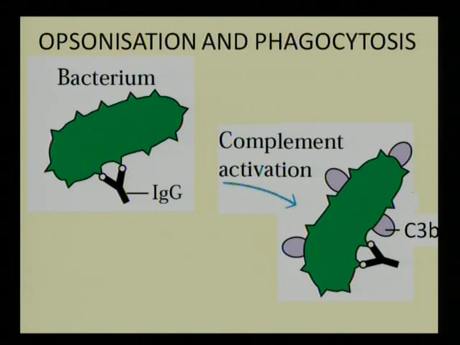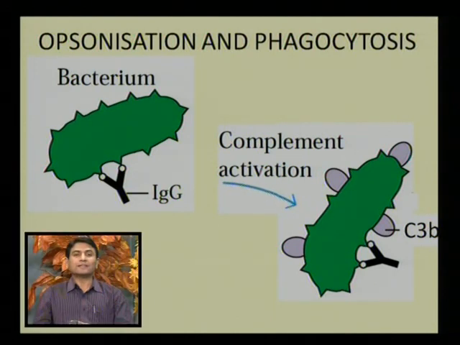As you can see over here, an IgG molecule binds on the bacterial cell covered with complement, that is seen over here in triangular form, and the specific IgG antibody binds there on the bacterial cell that is covered with a number of these complement proteins, and also it helps in the activation of complement.